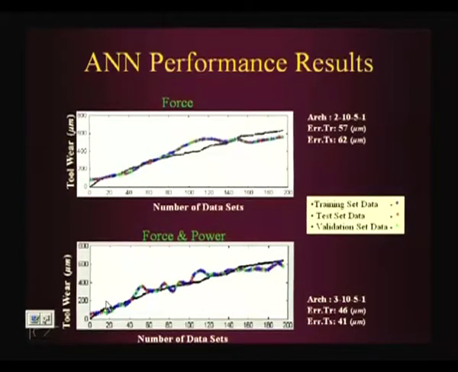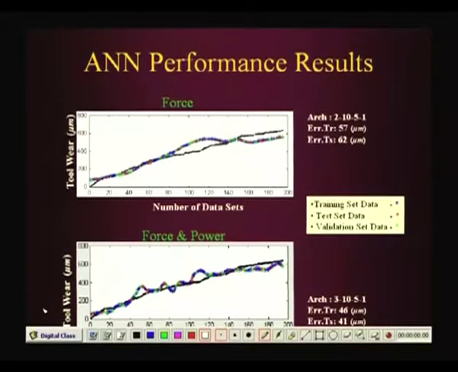So here are some performance results. See that only based on force, if tool wear is estimated using a neural network, these are the estimates, and the black one is the true value.